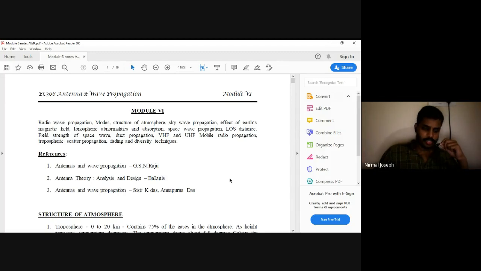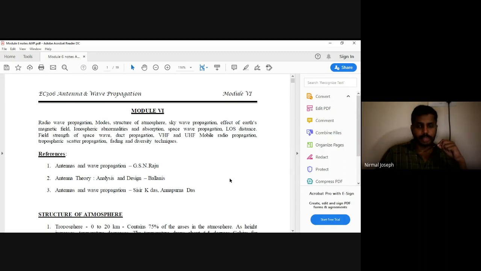We are going to discuss the three basic modes of propagation: ground or surface wave propagation, sky wave or atmospheric propagation, and space wave propagation. We will see them one by one in detail.